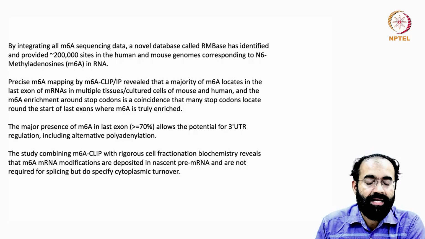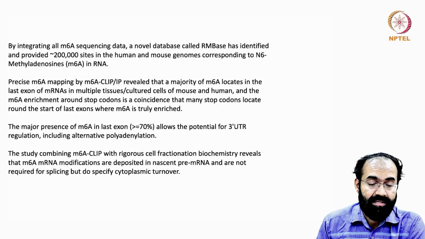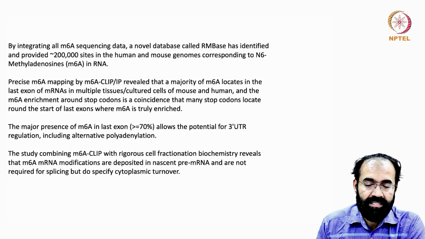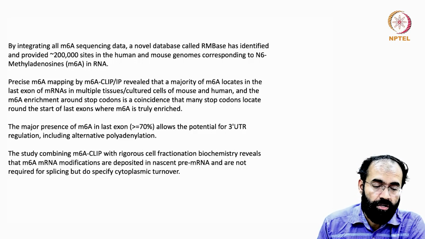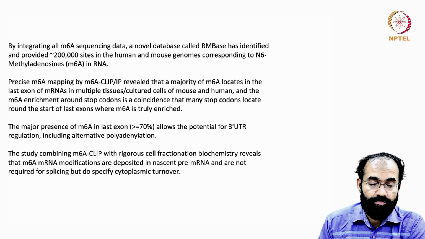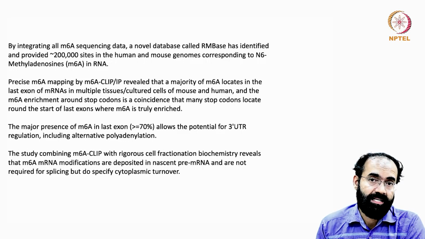So the study combining M6A CLIP with rigorous cell fractionation biochemistry reveals that M6A mRNA modifications are deposited in nascent pre-mRNA and are not required for splicing but to specify cytoplasmic turnover.